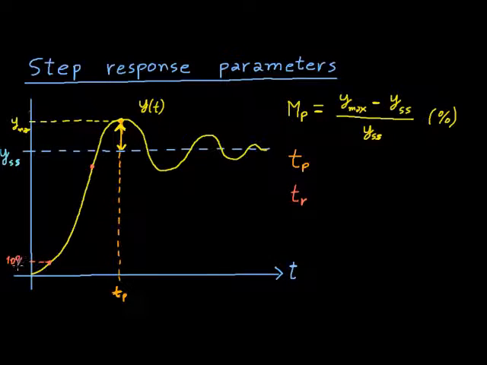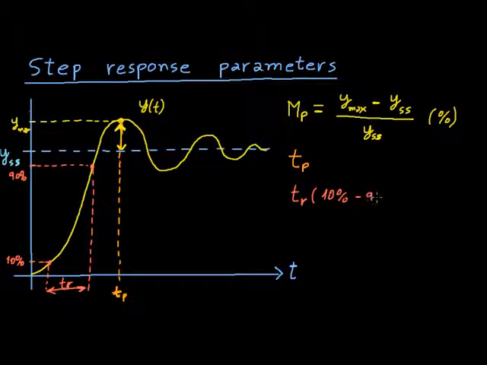This is 10% of y_ss, and this is 90% of y_ss. So this interval here is defined, this is T_R, the rise time, but in this case defined as from 10% to 90%.